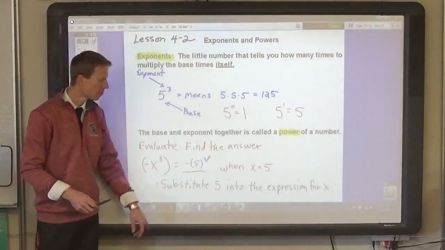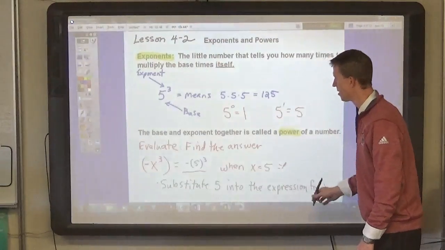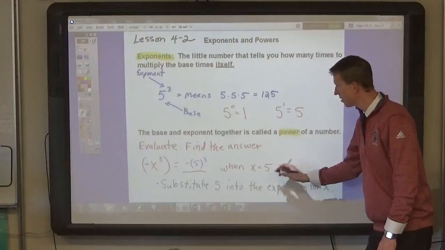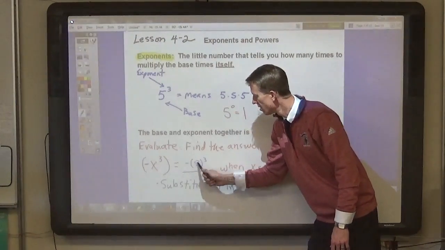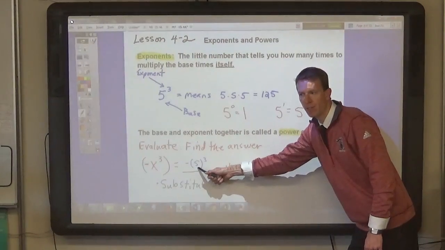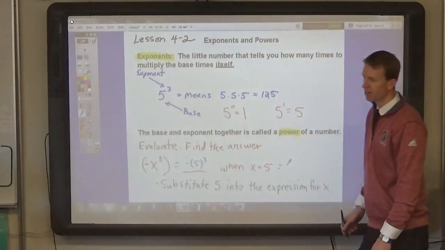So that means negative x to the 3rd power, like this, equals 5 times 5 times 5, and then the negative of that.